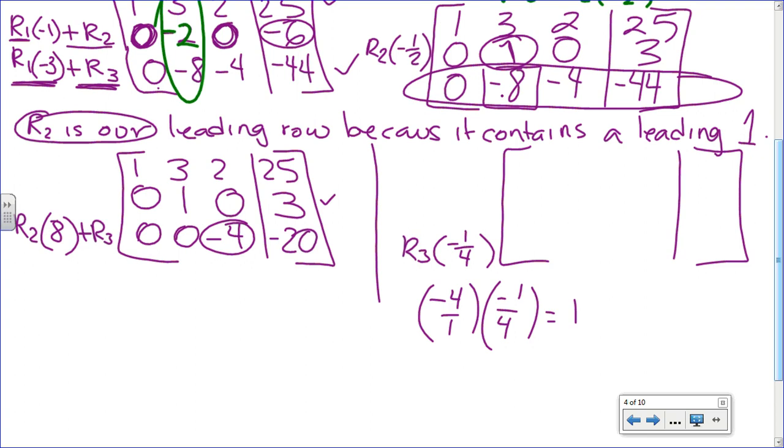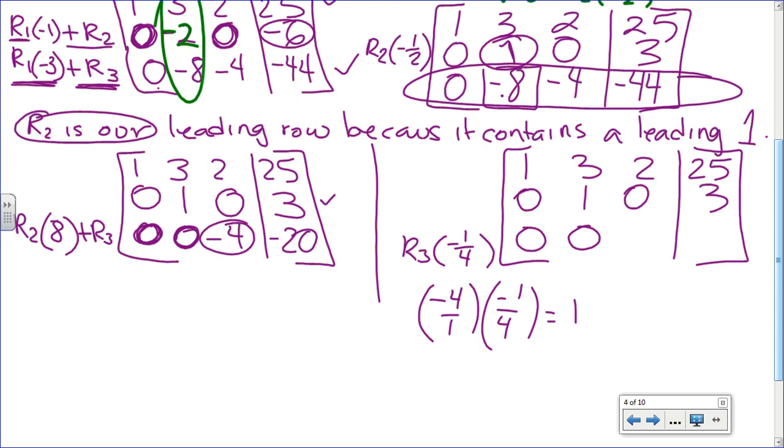I'm going to copy R1 and R2. Okay. So once you have zeros, it becomes a lot easier because anything you multiply by 0 will still be 0, right? So 0 times negative 1/4, 0. 0 times negative 1/4, 0.